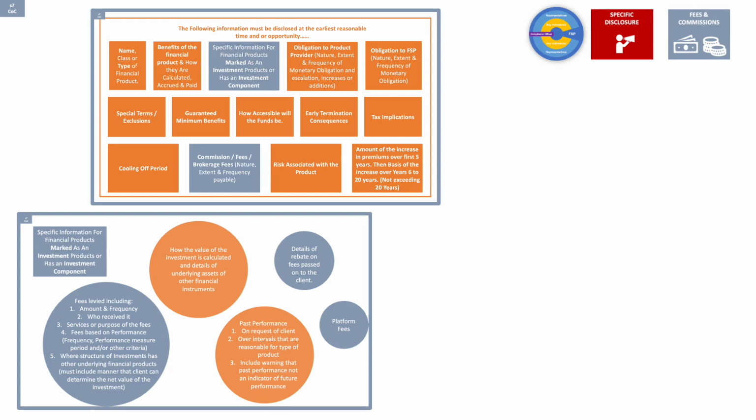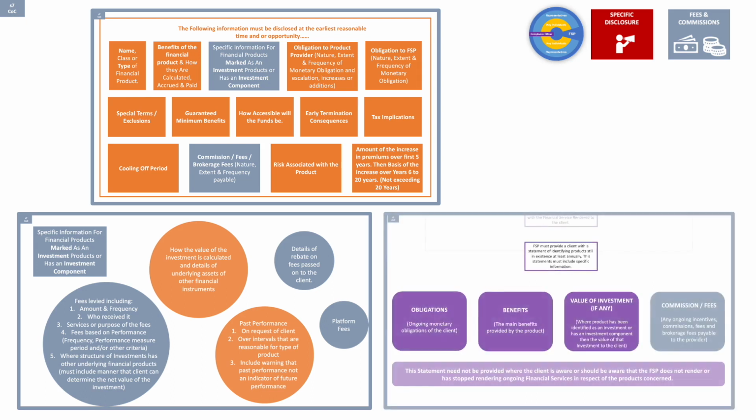Where structure of investments has other underlying financial products, must include manner that client can determine the net investments. We are also required to disclose details of rebates on fees passed to the client, as well as platform fees. Lastly, the FSP must provide a client with a statement at least annually, and the statement must include any ongoing incentives, commissions, fees, and brokerage fees payable to the provider.